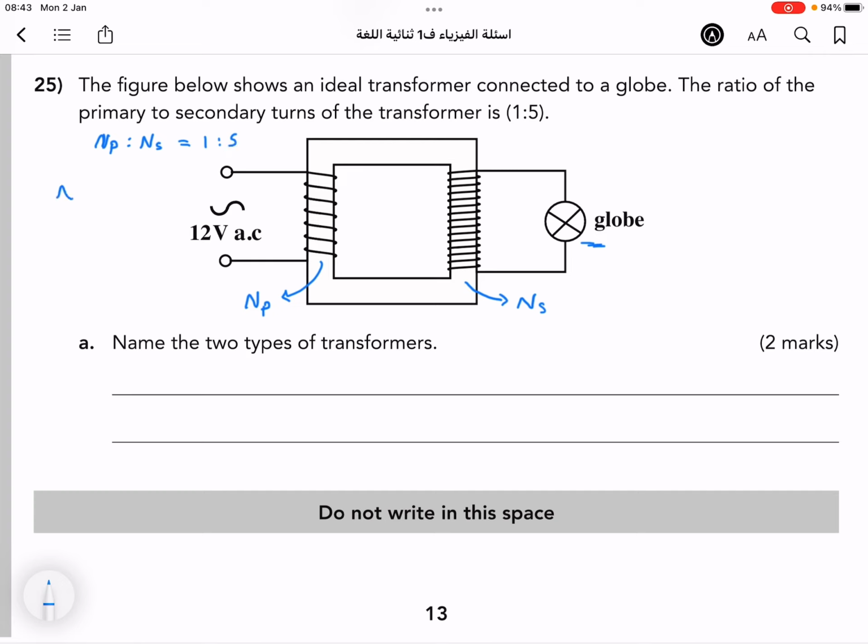Then we can say that NP over NS equals 1/5. This is how to deal with it. This is the source of the voltage, and then the 12 volt is the VP. The voltage in the primary coil is 12 volts.